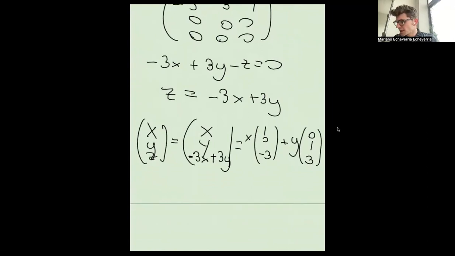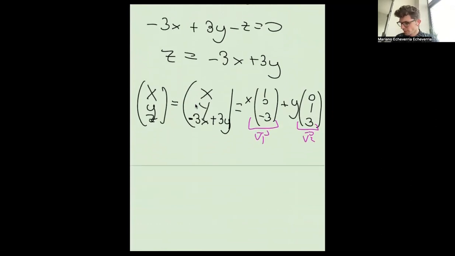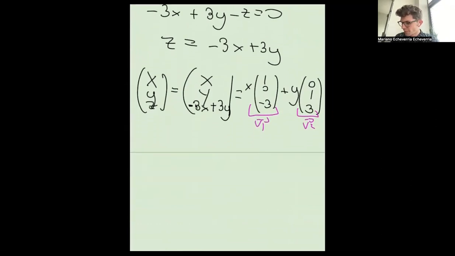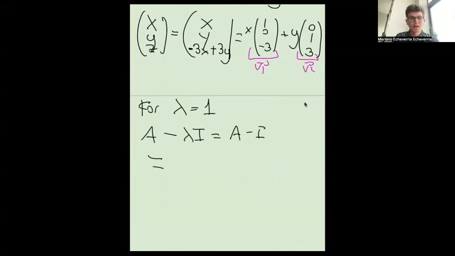This is one eigenvector, and this is another eigenvector. So for lambda equals 2, now you have 2 eigenvectors. Then for lambda equals 1, you have to do A minus lambda I, which is A minus I. And what is A minus I?